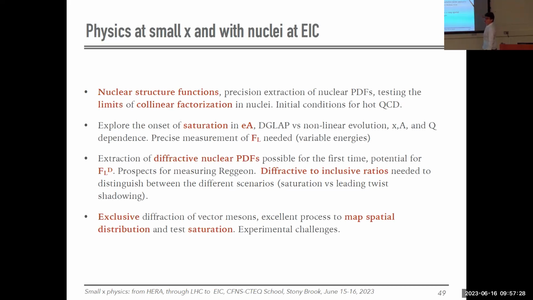In terms of physics at small x with nuclei, I didn't talk a lot about the nuclear structure functions. You can measure a lot here, and of course do the test of collinear factorization in nuclei. You can test whether collinear factorization and DGLAP works for various nuclei, or whether perhaps nonlinear evolution is a better framework, and explore concepts of saturation.